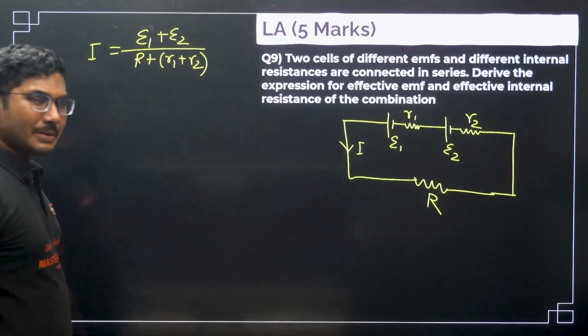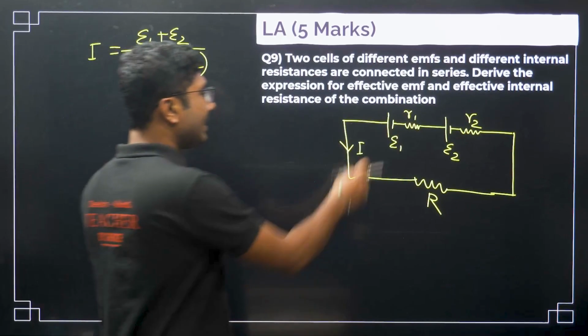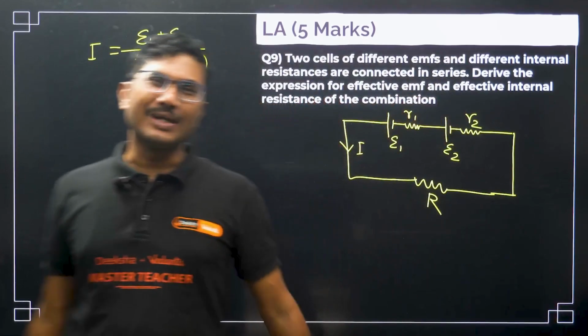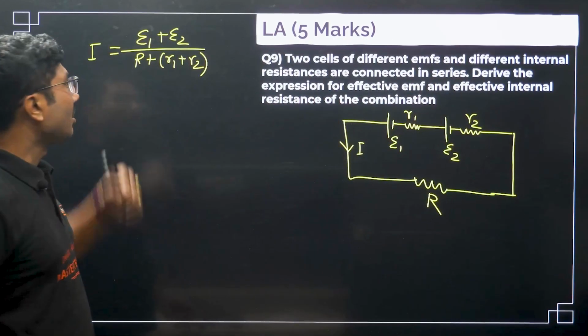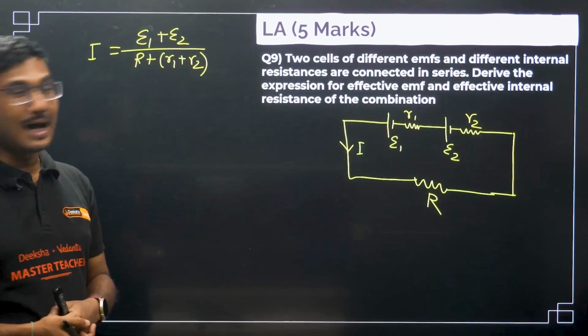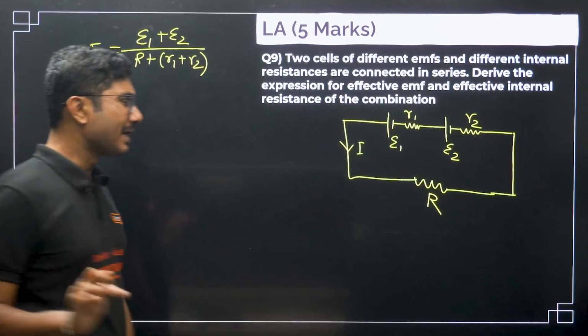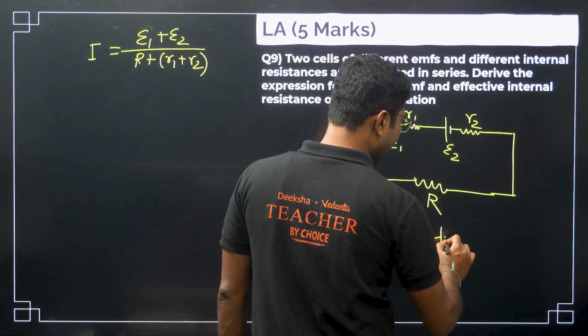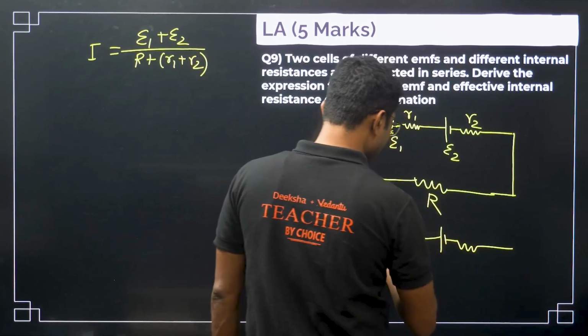Simple Kirchhoff's law, total EMF divided by total resistance, or you can say Ohm's law only. Ohm's law, current equals epsilon 1 plus epsilon 2 divided by R plus R1 plus R2. Very simple derivation. This series one is simple, the parallel one is slightly tricky.